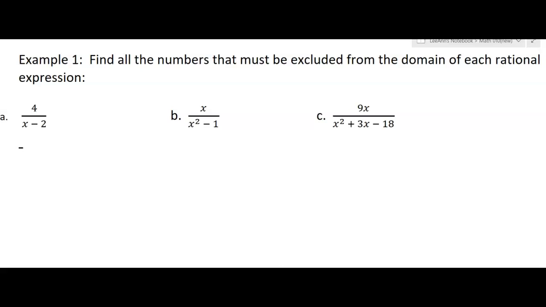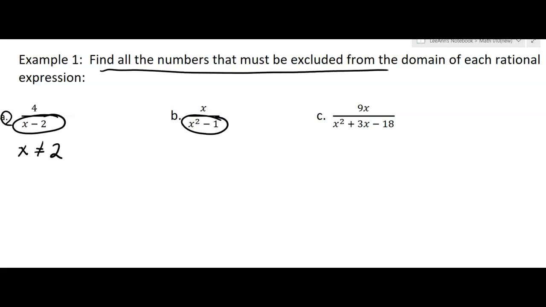Let's look at this first one, a. We're looking at the denominator, and we're going to say x cannot be 2, because if x is 2, then we're dividing by 0, and that's what we can't have. Now the next one, we're looking at the denominator, because in this example we're finding all numbers that must be excluded.